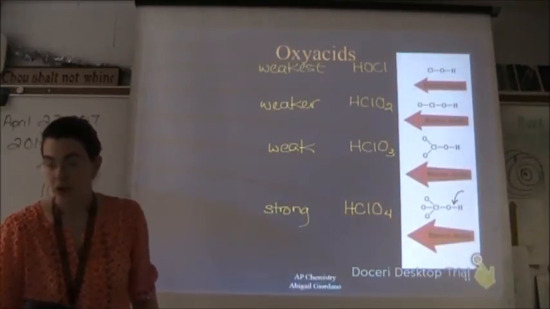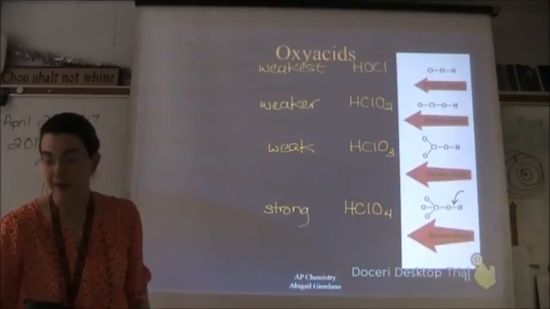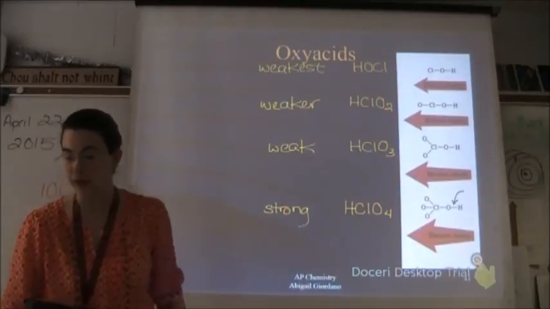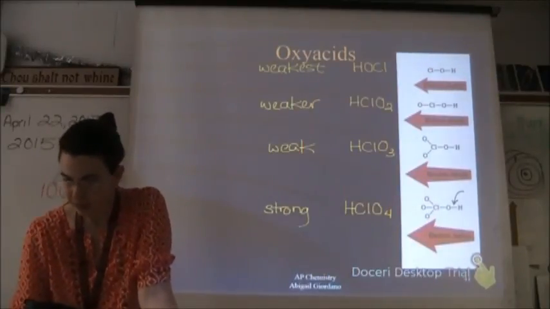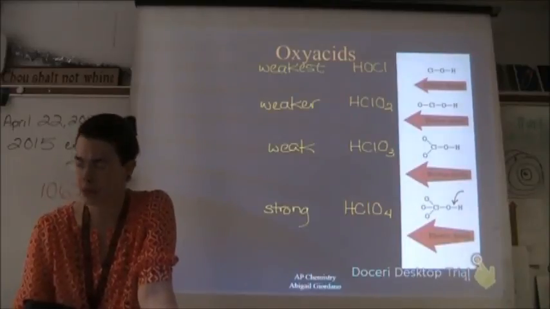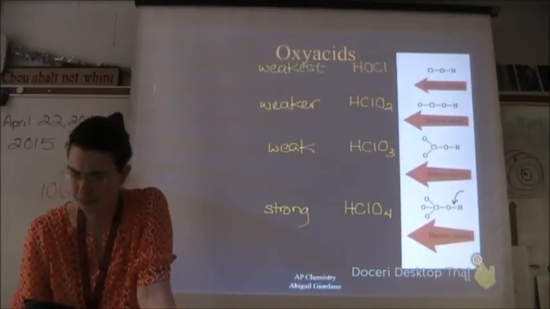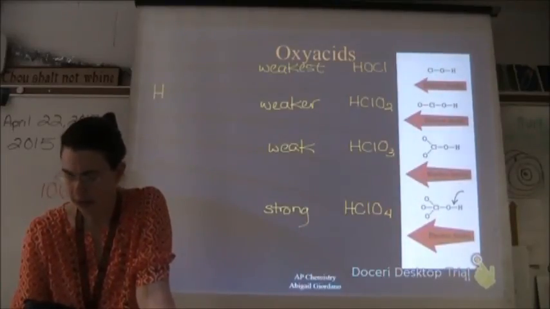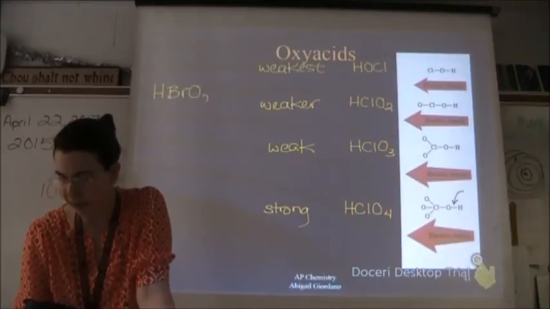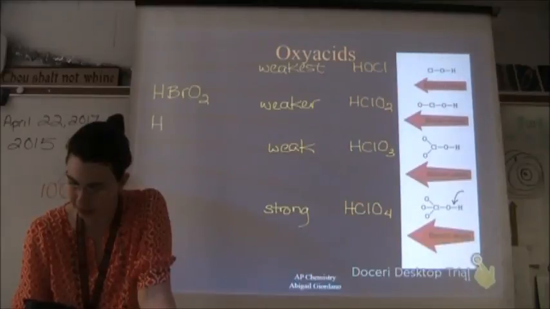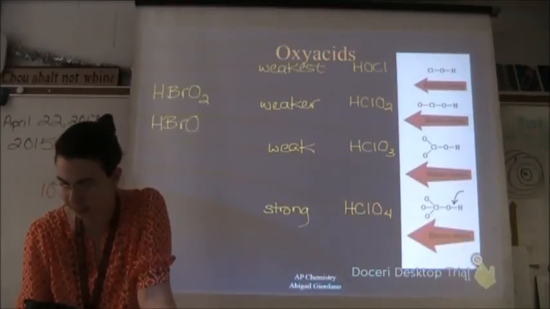Okay. So you will have free response questions that will do this. They'll ask you to compare, like, I'm just going to make this up. I don't even know if that's an acid that even exists. Probably not. I'm just making this up.